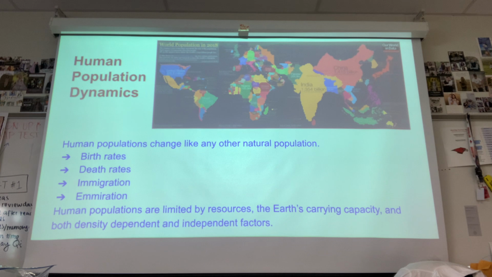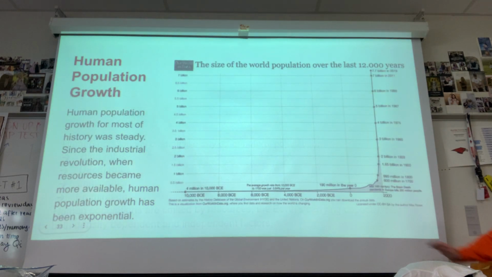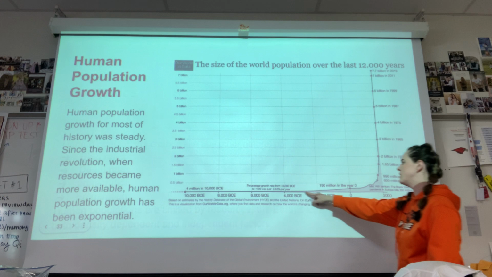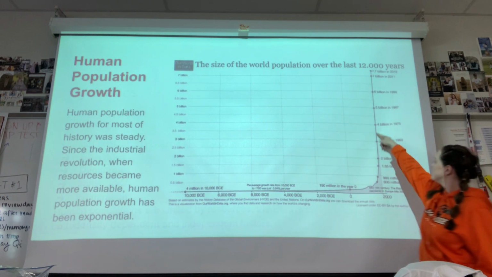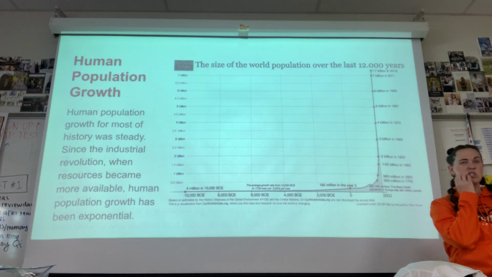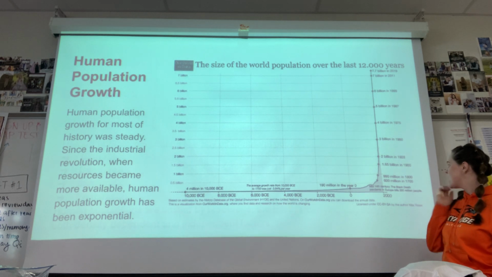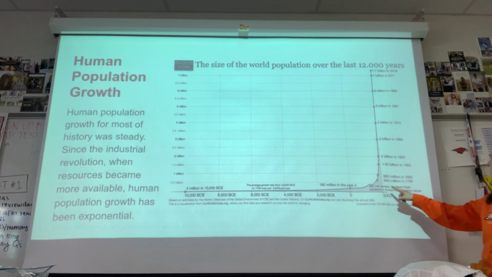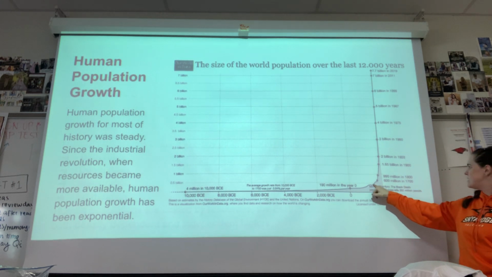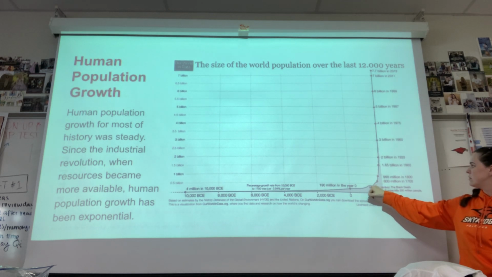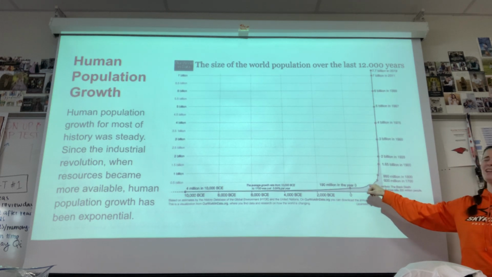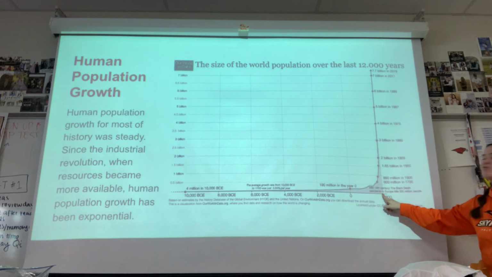Like we talked about how populations grow, human population is no different. You can see that human population is definitely a J-shaped curve. It has gotten more exponential as the years have gone by. What do you think this dip is right here? No, it's not COVID. This is 2000 years ago, friend.